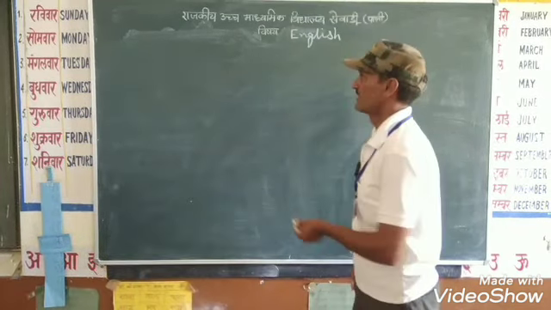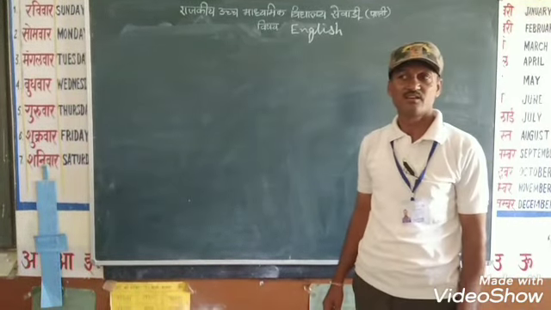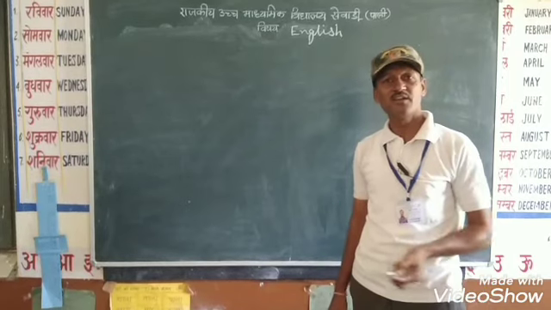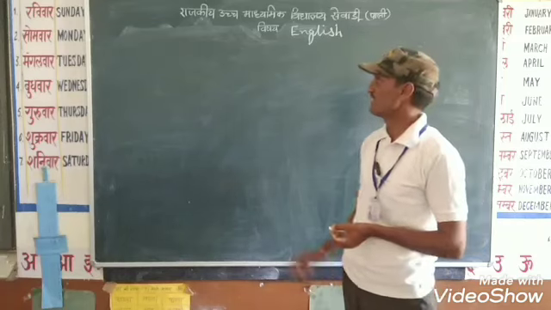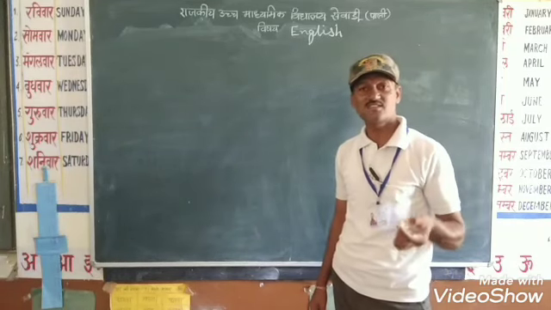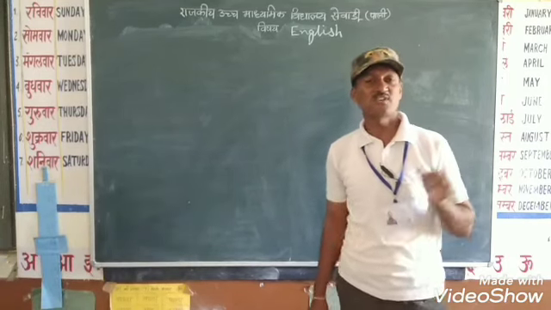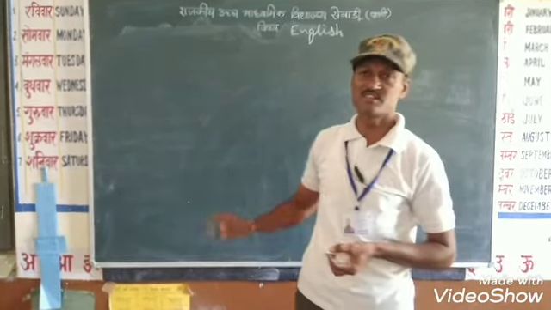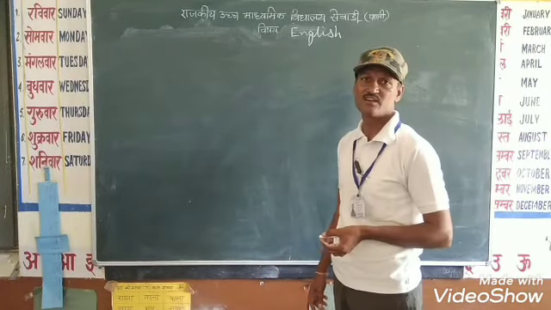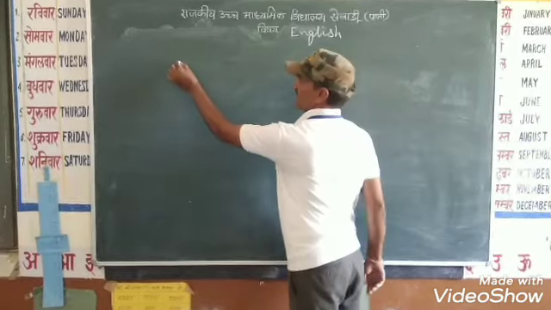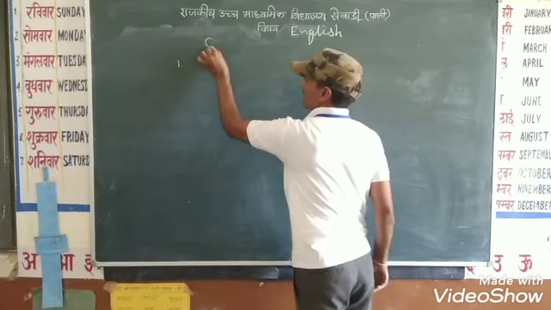First, correct form of the verbs is used according to tense, and we identify which tense is used in the sentence. For example, our topic is correct form of the verb.